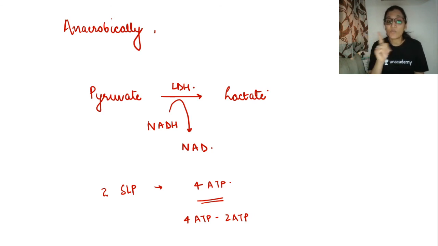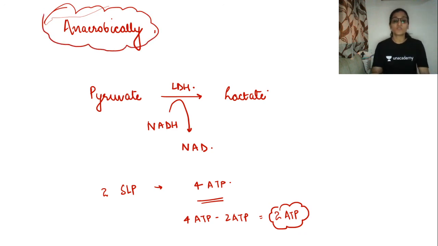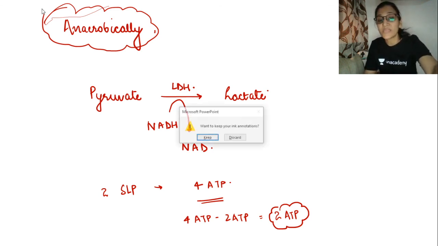Because the NADH which is produced in the pathway is nullified again when pyruvate is converted into lactate by lactate dehydrogenase. So anaerobically there is a net gain of 2 ATP only. Like this we have seen glycolysis in detail along with the energetics.